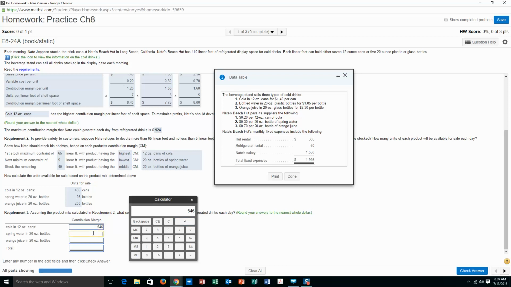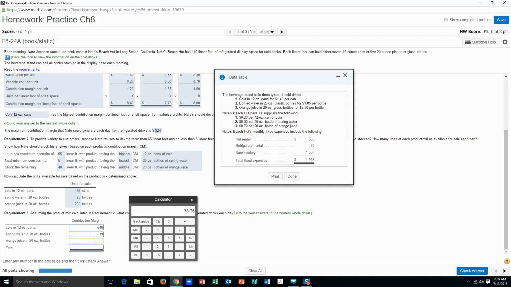And then, of course, our next one is we have 5 linear feet, and this will be times $7.75, so 7.75. And we're going to round off. It says to round off to the nearest whole dollar, so I'm going to go ahead and put that one in. You always have to be careful of the formatting in my accounting lab.